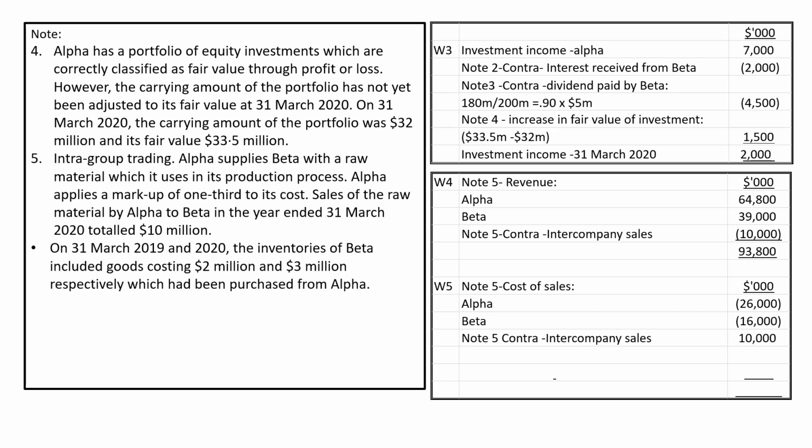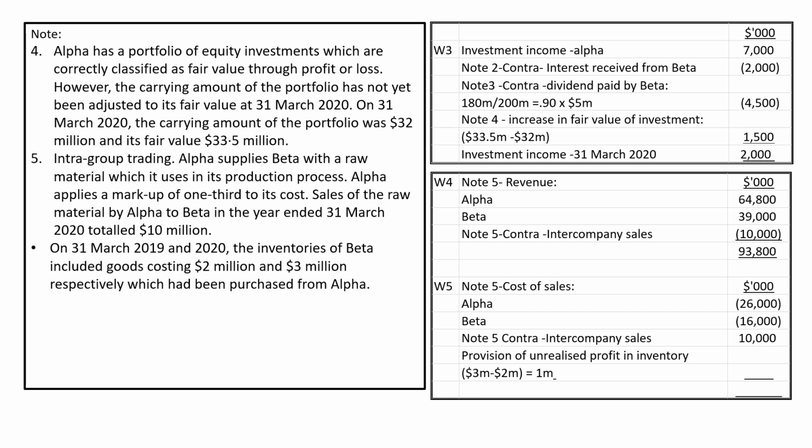We've got a final adjustment on note number 5, and on 31st of March 2020, the inventories of Beta included goods costing 2 and 3 million respectively, which had been purchased from Alpha. So there has been an increase in inventory of 1 million, and we have to make the provision for unrealized profit by taking away the markup of 1/3 from the cost.